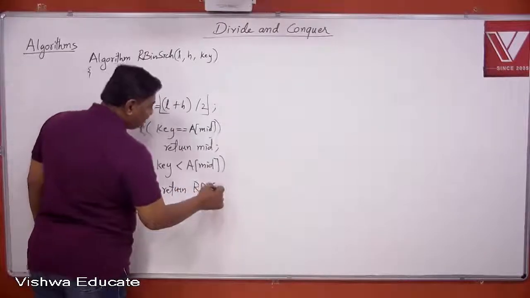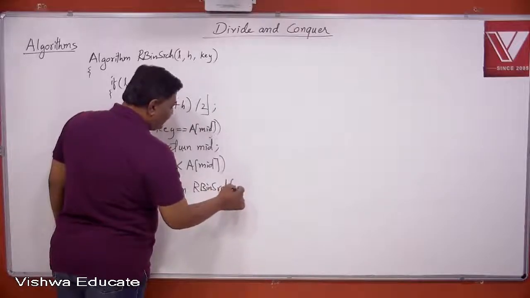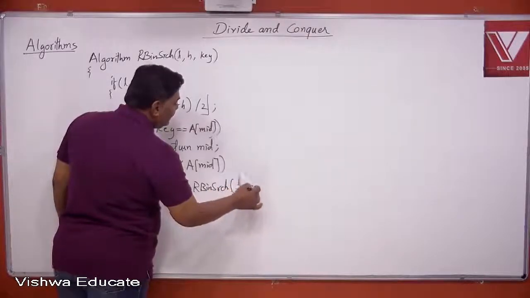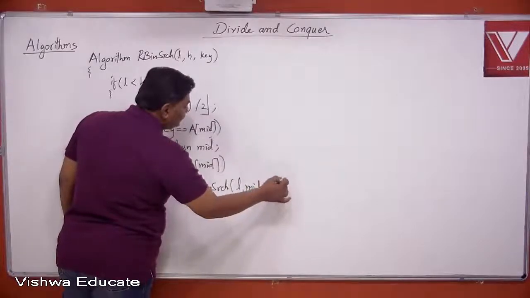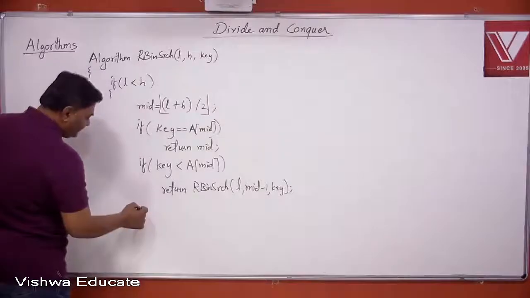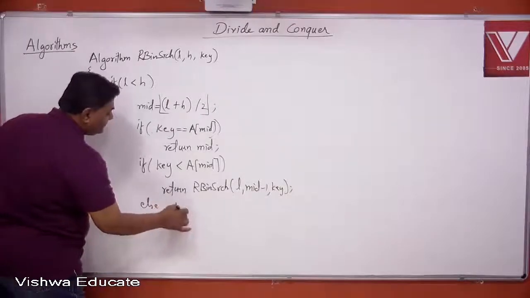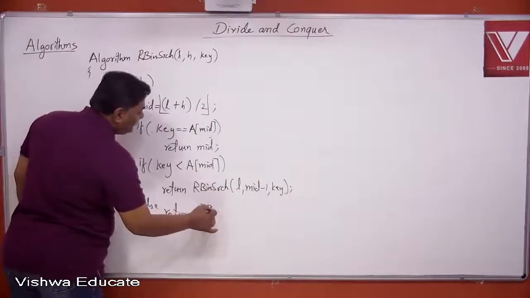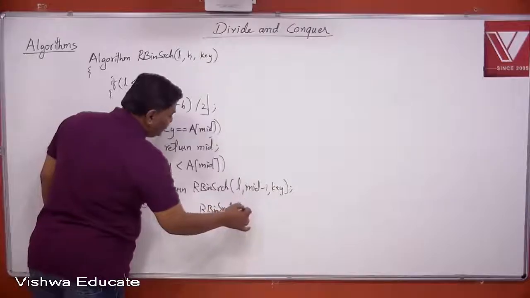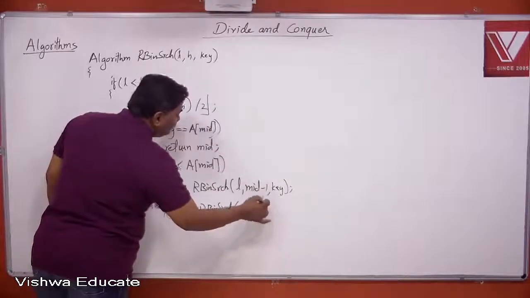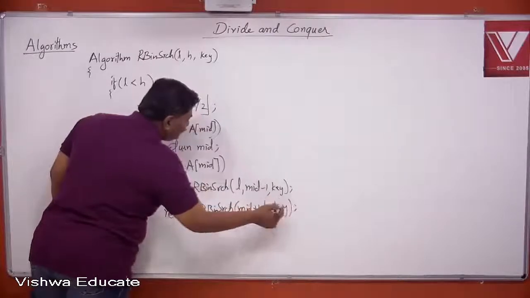Then low is as it is, high will be changed to mid minus 1, and the key is as it is. We have already written this code. Otherwise, return binary search with mid plus 1, high as it is, and key sent as a parameter.